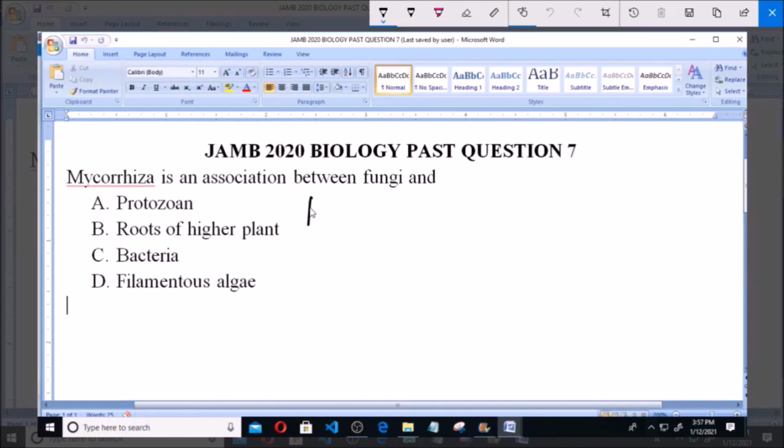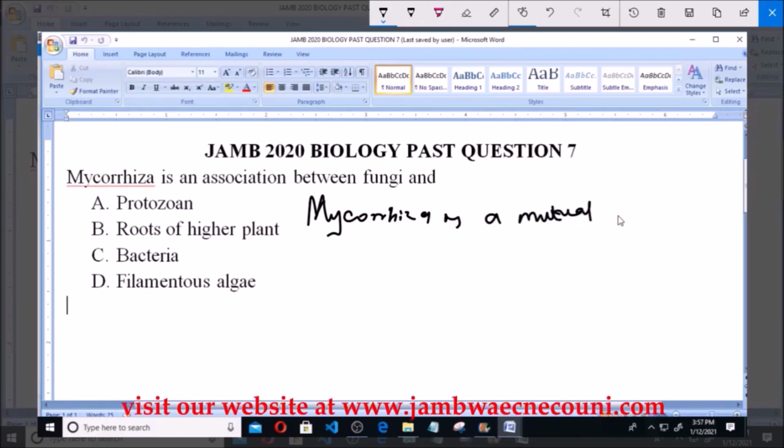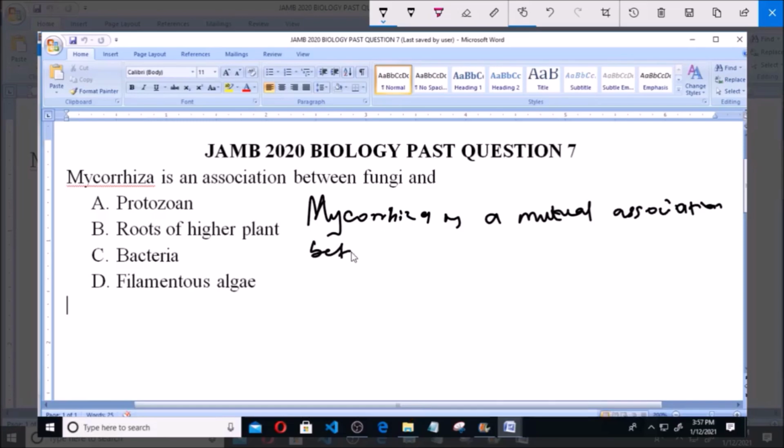Now, the word mycorrhiza is used to represent a mutual association, or what we call mutual relationship, between a fungi and the roots of a higher plant.